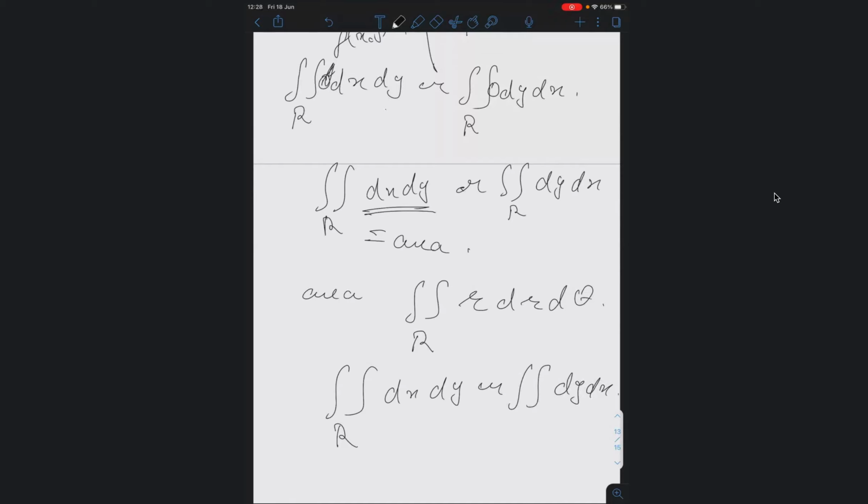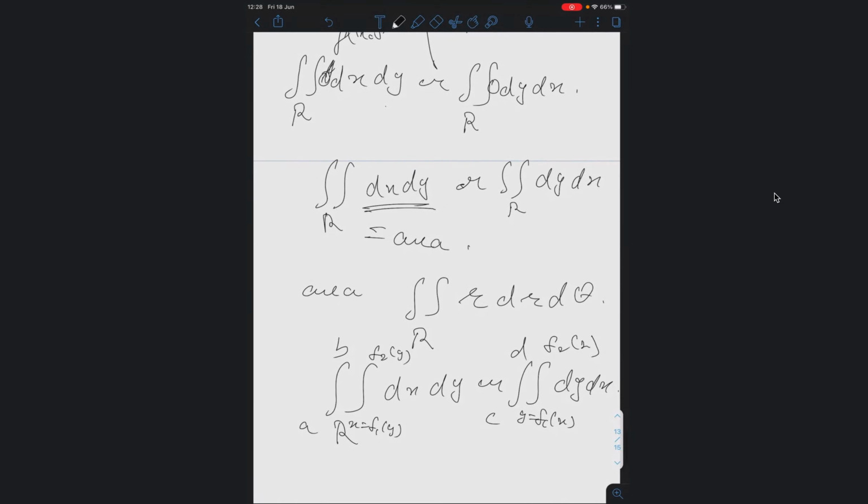If you are choosing dx dy, that means x will be some function of y, and the y limits will be constants. Okay, and if you are choosing the other order, dy dx, then the y limits will be some function of x, and the x limits will be constants. Understood? So this is how you find the area by using double integrals.